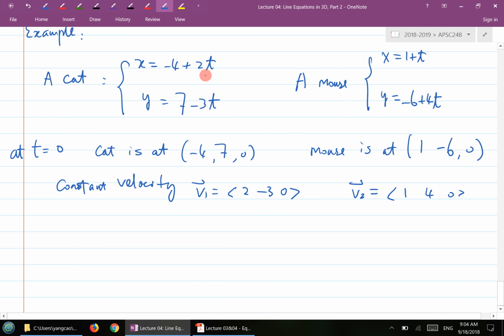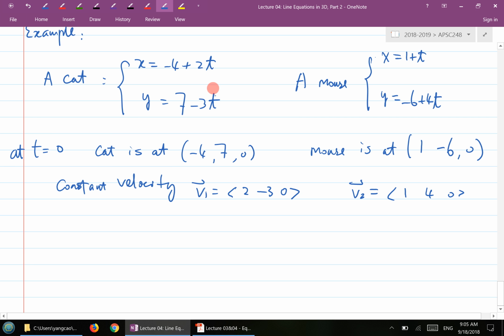In order to prove whether it can catch or not, I also want you to understand the parametric equation a little better. Look at the way I wrote the two parametric equations: they are all written in parameter t, which has the same meaning, which is the time. When the time changes from 0 seconds to 1 second to 2 seconds, the coordinates of the cat and the coordinates of the mouse change accordingly, at the same time.